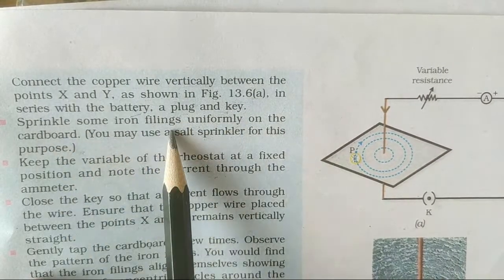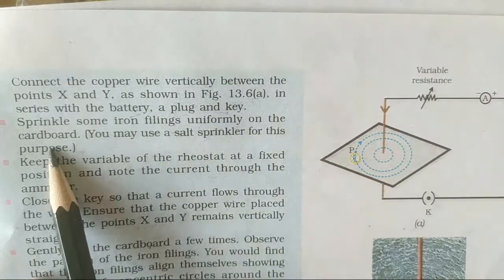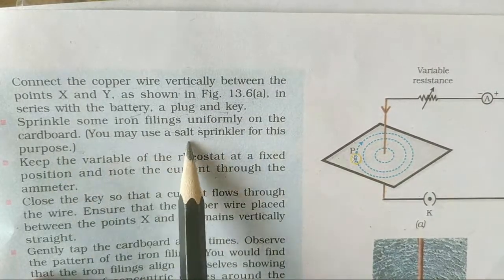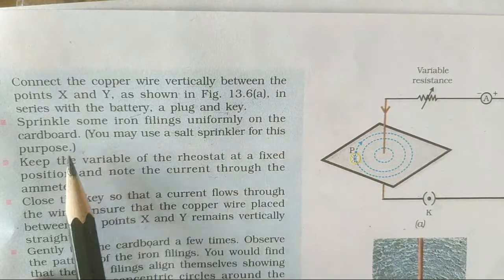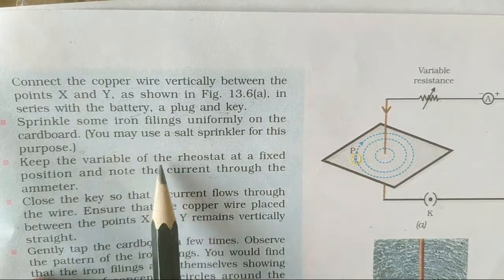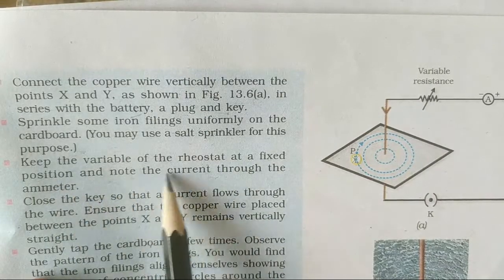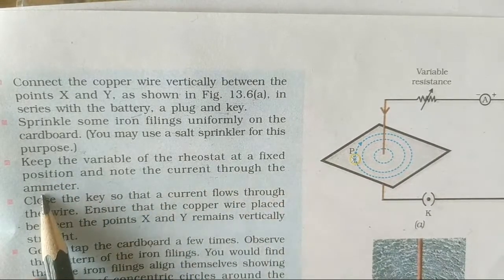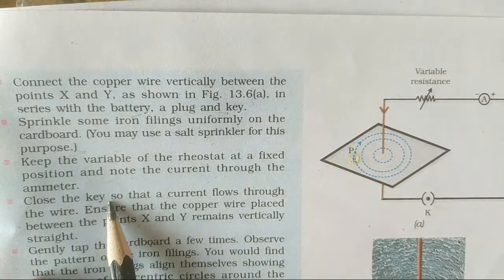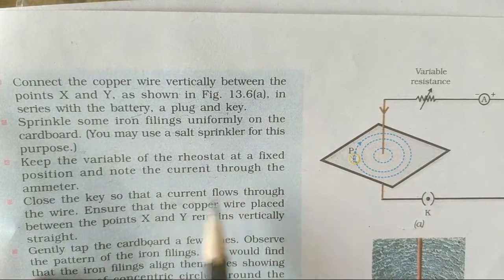Sprinkle some iron filings uniformly on the cardboard. You may use a salt sprinkler for this purpose. Keep the variable of the rheostat at a fixed position and note the current through the ammeter. Close the key so that the current flows through the wire.